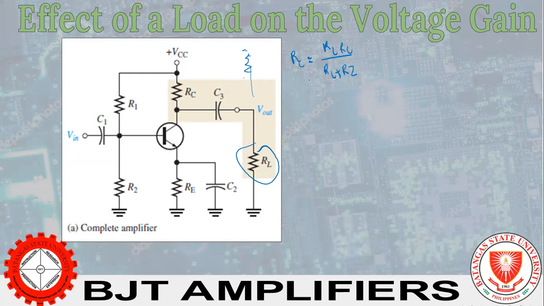Therefore, replacing RC na ginamit sa DC, yung AB natin is RL parallel to RC over RE prime. So, yun yung mangyayari.